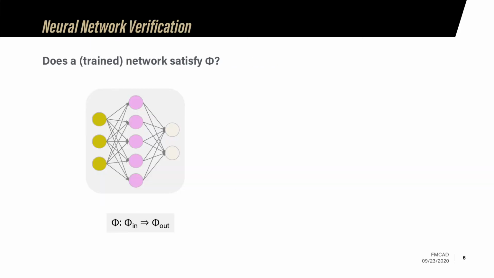To enforce the safety property on some neural network, the very first question we want to ask is, how do we know if a trained neural network has already satisfied phi, the safety property? A typical approach is to encode both the neural network and the safety property into some external solver, like an SMT solver or a mixed integer linear programming solver.